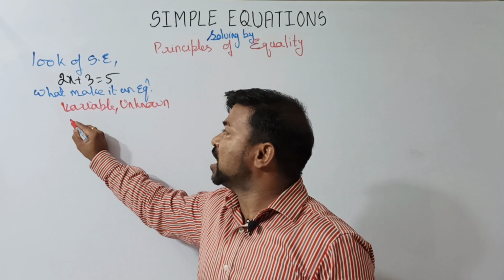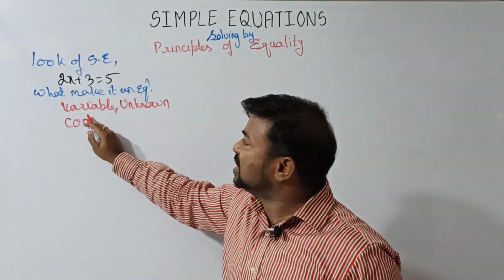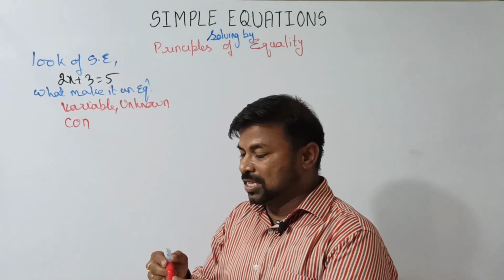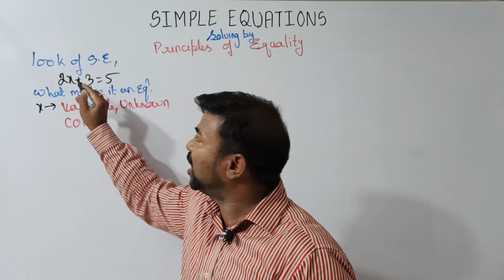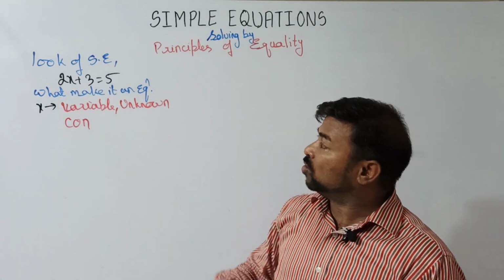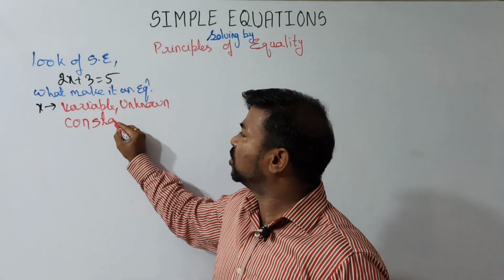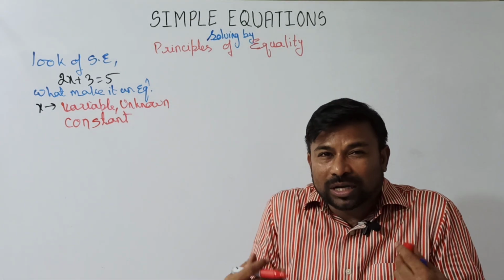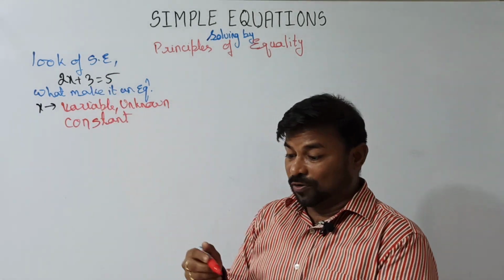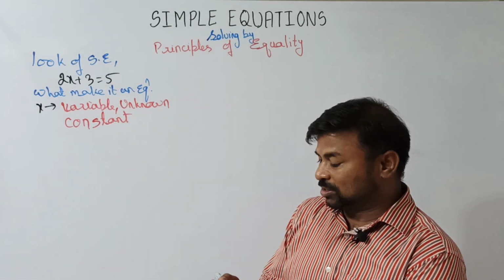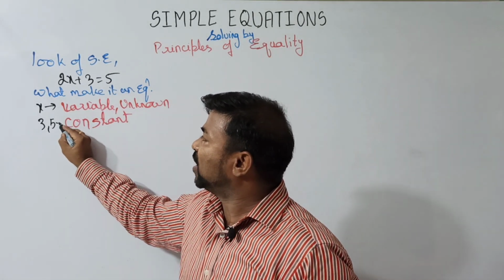The next one is a constant. In this equation, X is the variable. Now what's the constant? The other parts present in the equation are constants. Here we have two constants: 3 is one constant and 5 is the other.